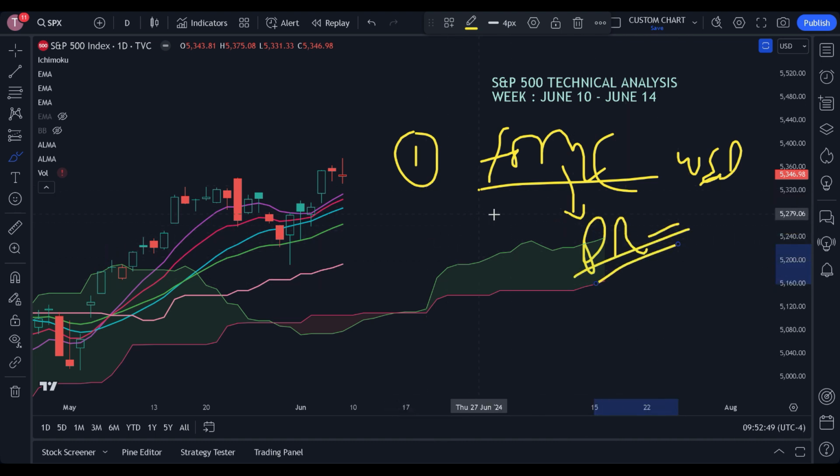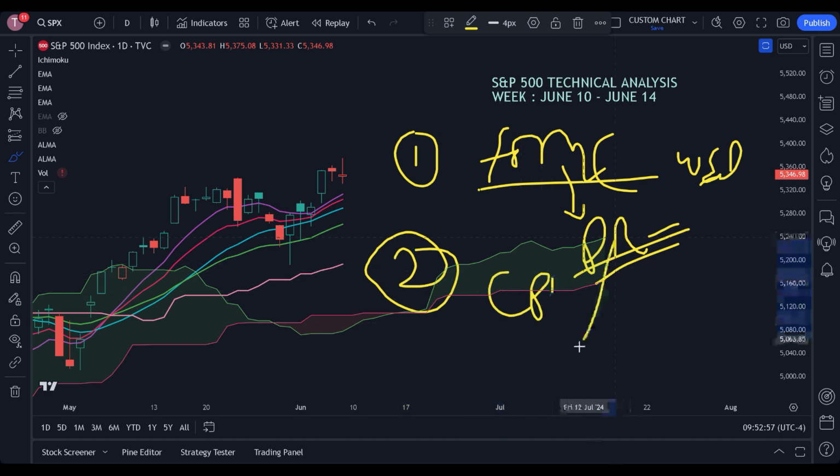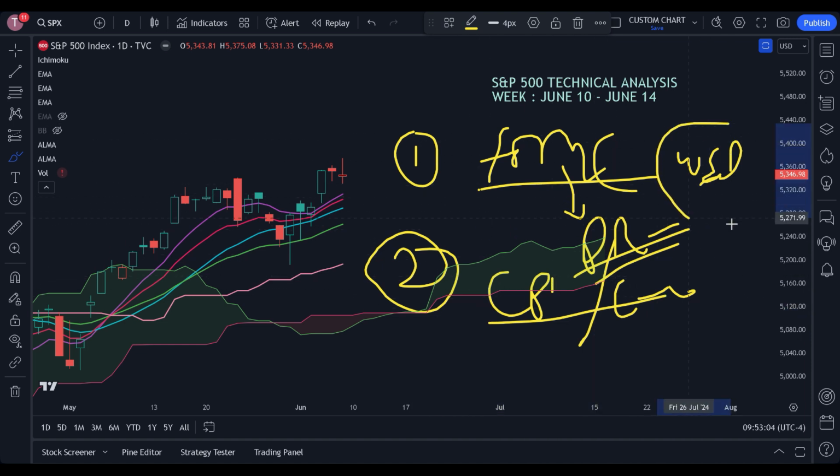So it means it will be very volatile. And also on the same day, before the open of the stock market, the CPI data and the core CPI data, meaning the inflation data, will also be published. This means that Wednesday will be heavily volatile, and you must be very, very careful.